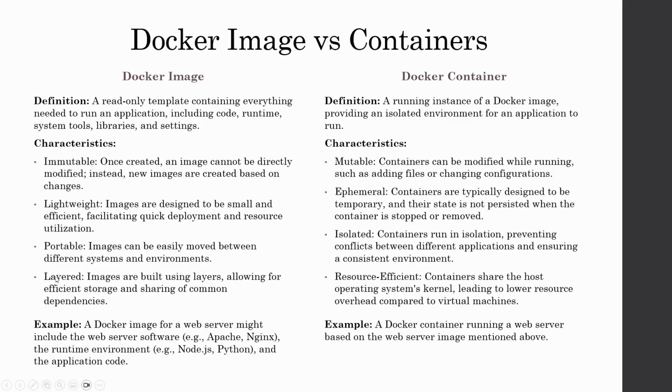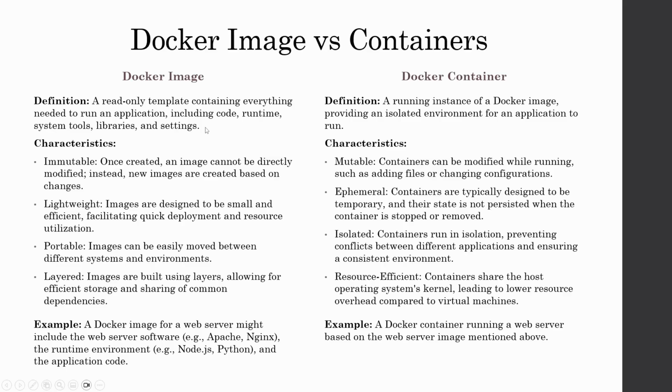Now this word layered is very important, because layered refers to whatever actions you do while creating an image. Let's say, for example, you start with Ubuntu and then you install Python inside this image. Now this installation of Python is cached. So the second time you run it, it will not run the layers which are already done.